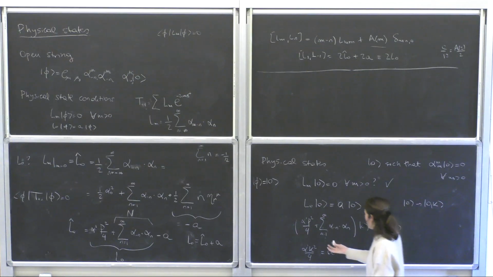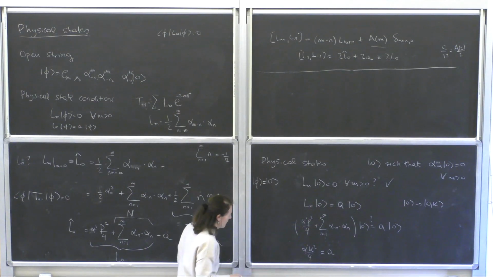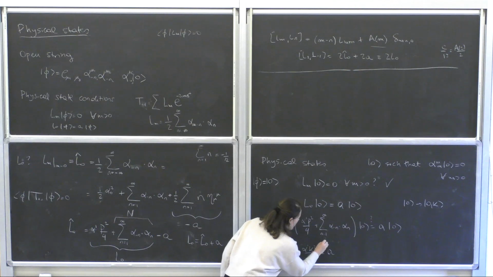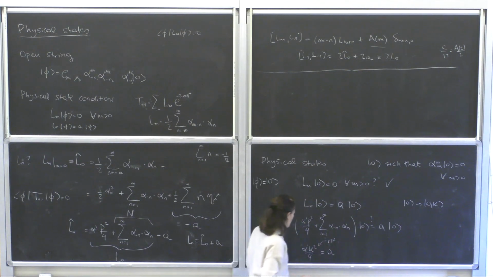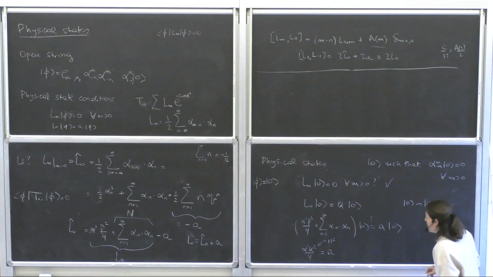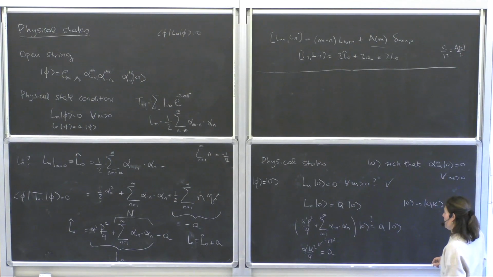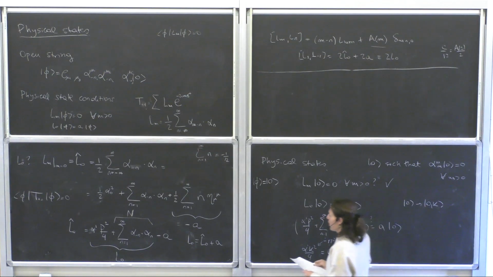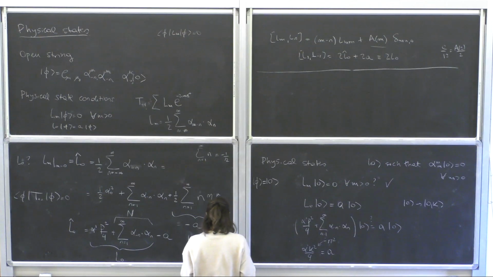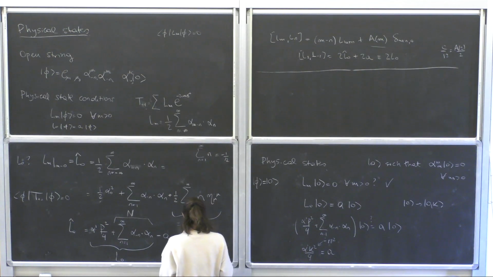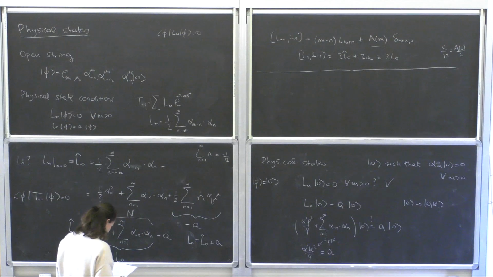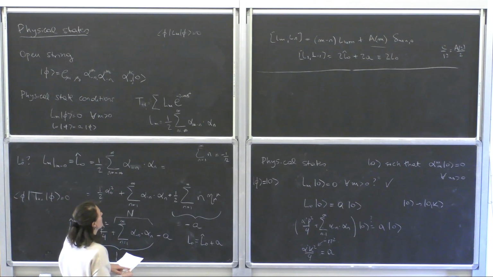So I'm going to require that this state is on shell, so k squared is equal to minus m squared. What this is, and I shouldn't have the 1 over 4. What did I do? Sorry, this should be alpha prime p squared. I missed one half of alpha 0.